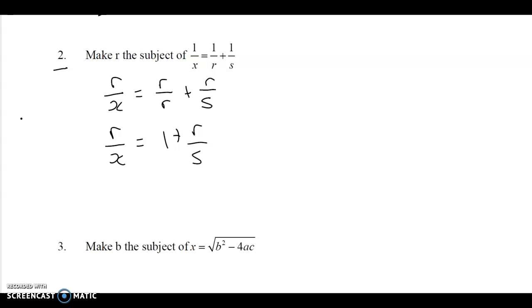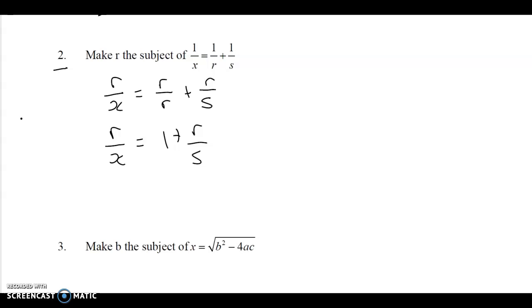But we've still got that same issue with the two terms here, and so it may well just be easier for us to multiply all the way through by x and s to cancel that out. So let's just go back and rework it, because that's going to be faster.